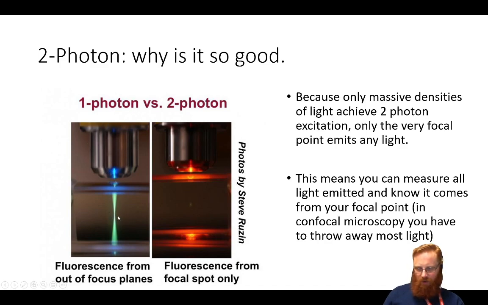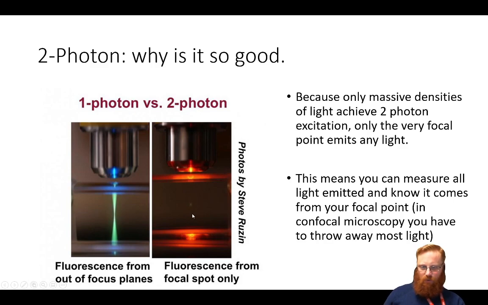It's being focused down onto the focal point, and then it spreads away. And you can see that it's exciting this tissue the whole way. Yes, it's brighter here, but there's stuff out here. So this is the out of focus light that we don't want, because we want to be focusing on one point and only looking at that point.